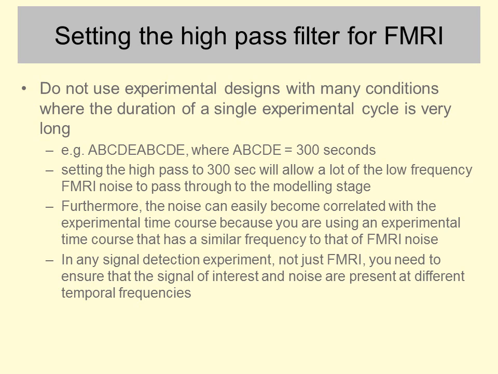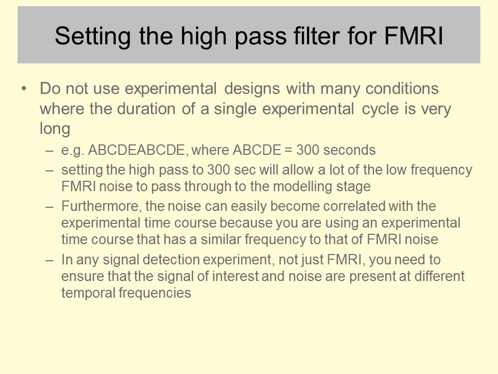So if you had a design with 5 experimental conditions, blocks A, B, C, D, E, and it took 300 seconds to get through one cycle of A, B, C, D, E, you'd have to set your high-pass filter to 300, and that would allow a lot of the low-frequency fMRI noise to pass through to the modelling stage. You don't really want to be setting your high-pass filter much higher than about 160 if you can help it.